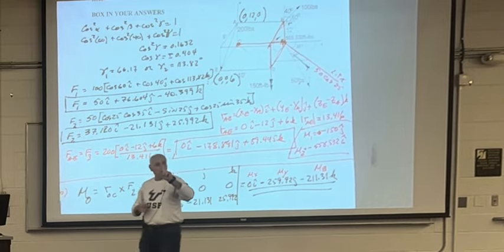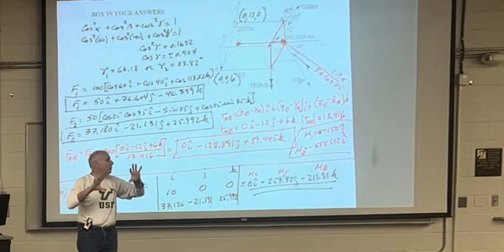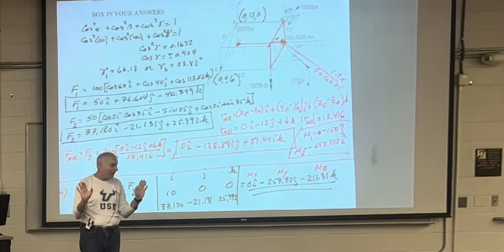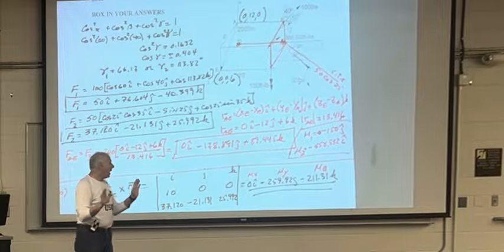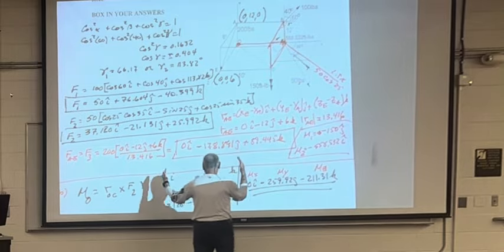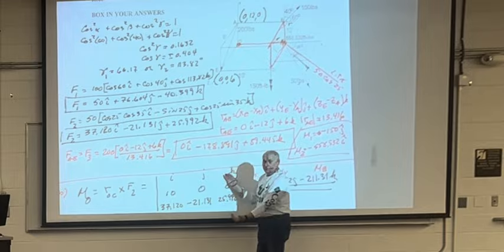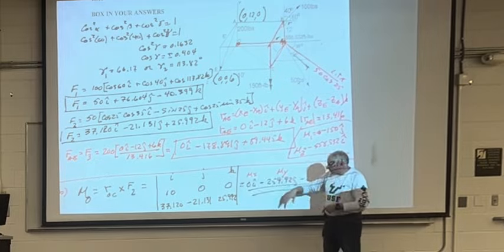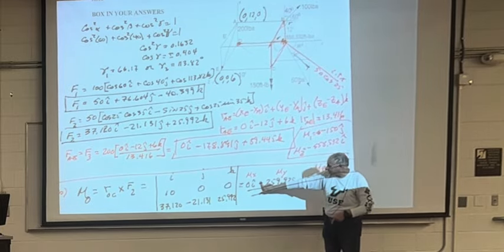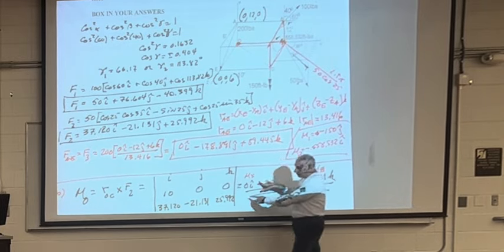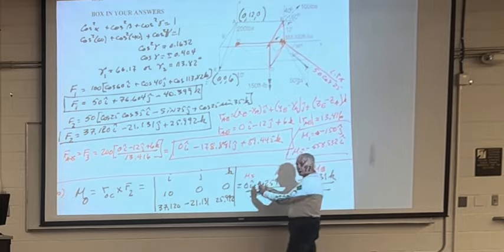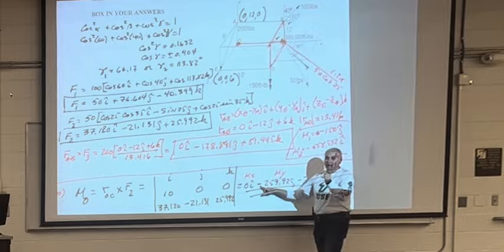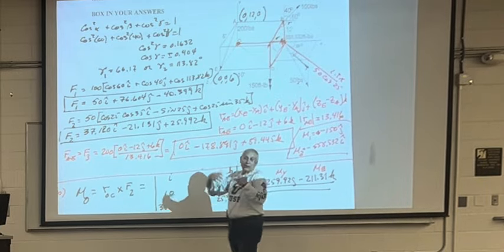Now, hold on. I know some of you are using your calculators to calculate the cross product. I've got no problem with that. However, I do want you to set this up. The reason is, if you write this and put a positive sign here, and I see that's correct, but this is wrong, that means somewhere when you plugged it into your calculator, you put in or forgot a negative.